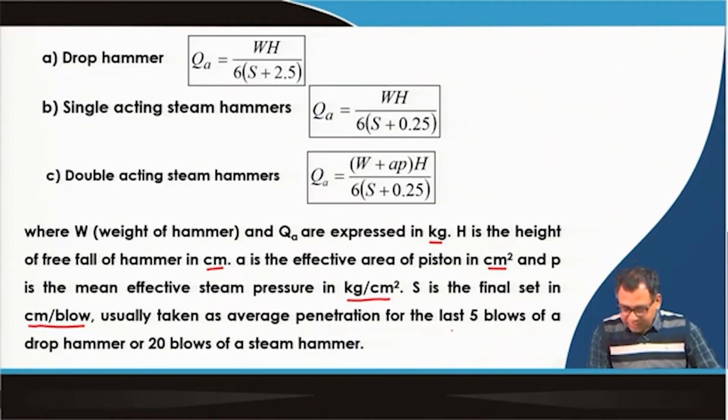Suppose the average penetration of the last 5 blows is 10 centimeter, then it will be 2 centimeter per blow, or if it is 10 millimeter, then it will be 2 millimeter per blow. So, this way we have to calculate, and this way we can determine the allowable load carrying capacity of the pile.